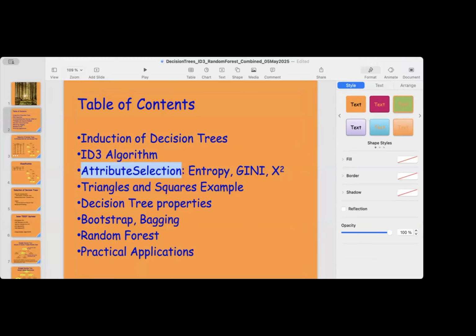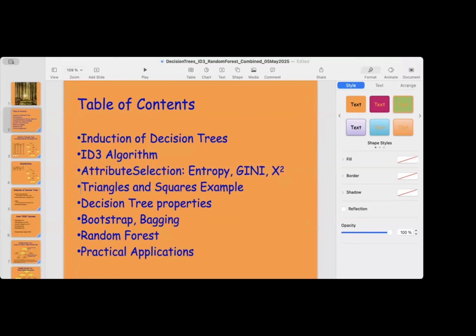How are we going to choose the attributes? There are several measures from information theory, such as the entropy, that give us the highest information gain that we would use in order to choose the best attribute to split the tree.